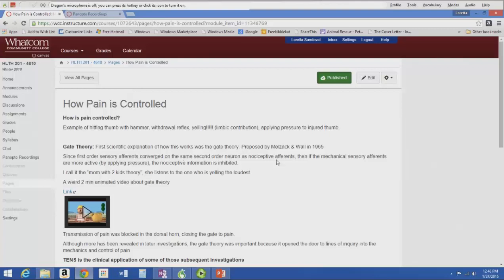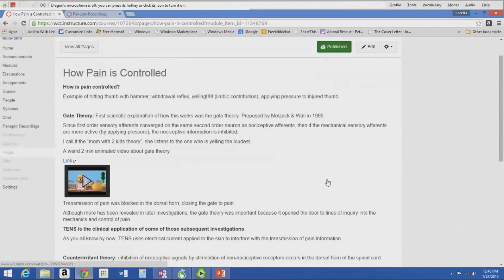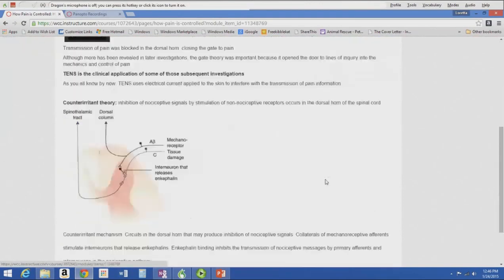So TENS is the clinical application of some of those subsequent investigations. As you all know by now, TENS uses electrical current applied to the skin to interfere with the transmission of pain information, and IFC is the alternating current version of that. So it's that pain control E-stim application that Brenda talked to you about.